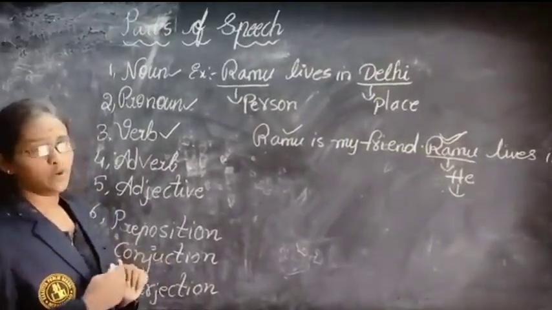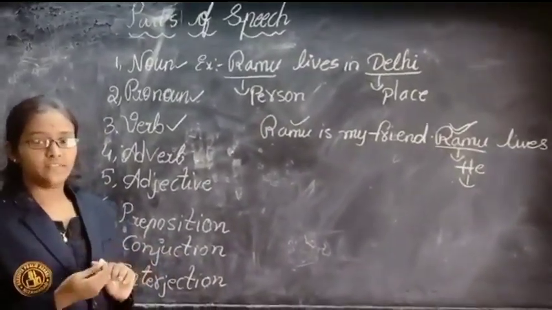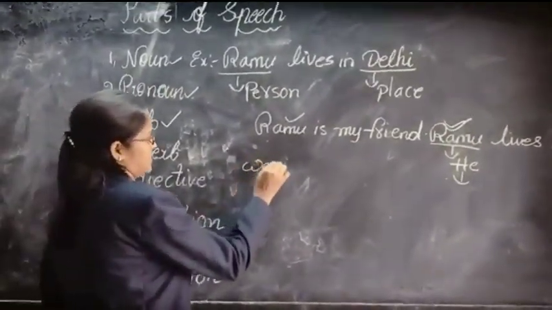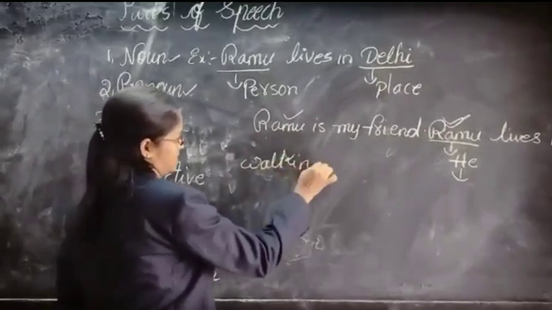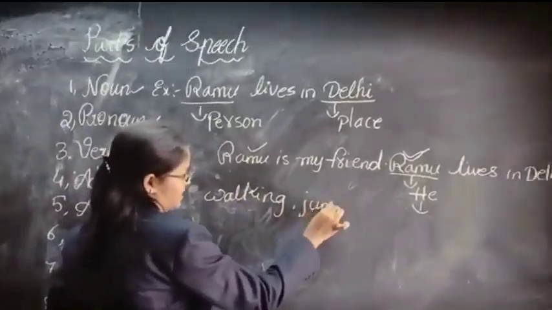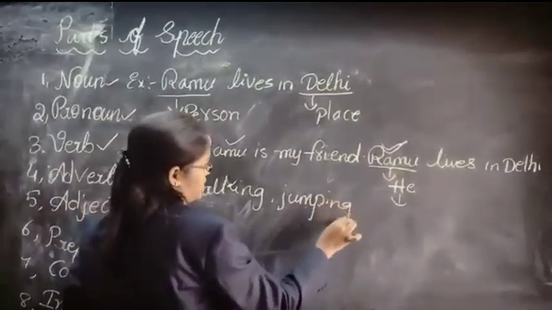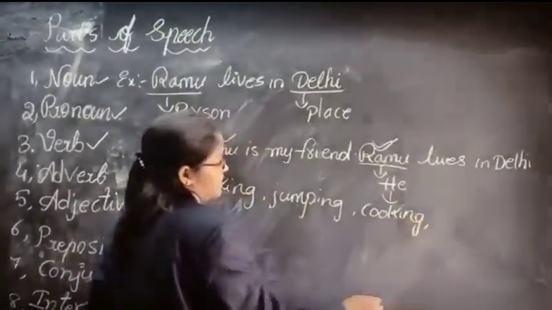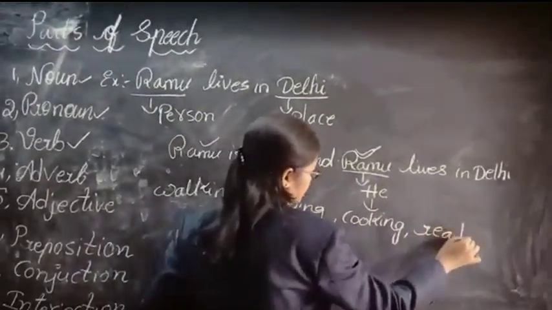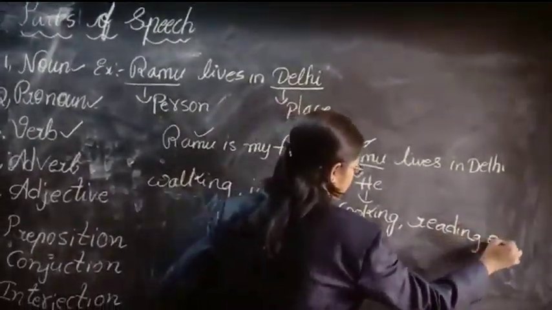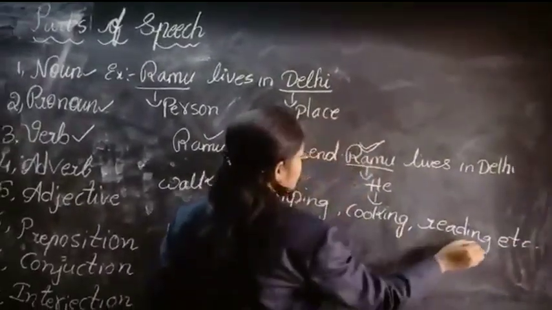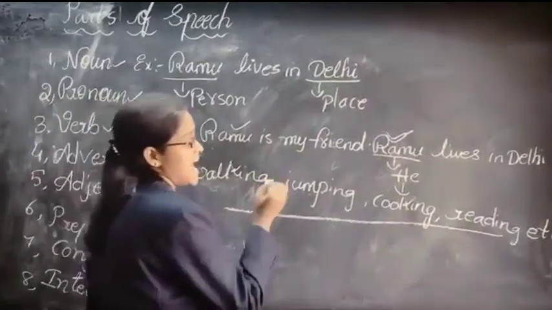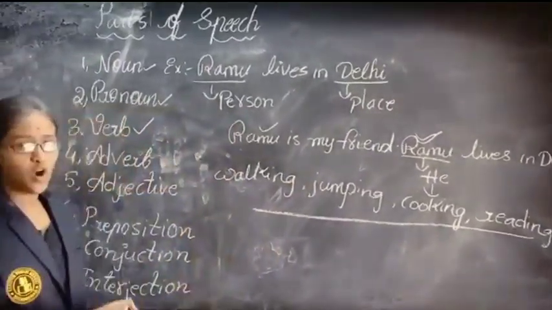Whatever action we do regularly from morning to night, all are known as action words, like walking, jumping, cooking, reading, etc. These all words come under verbs. They are action words or doing words.